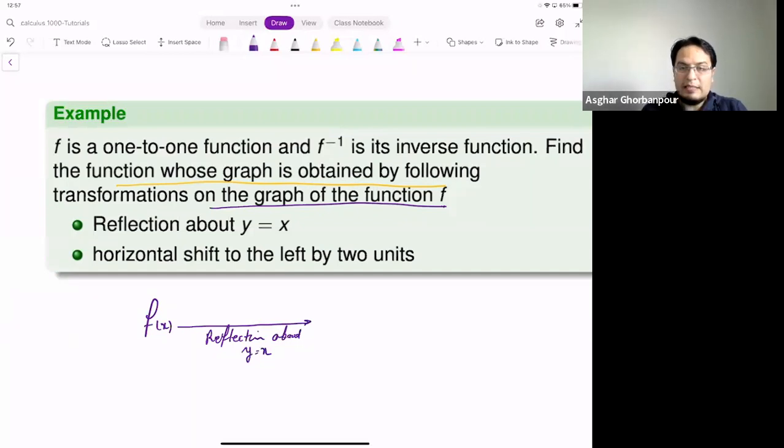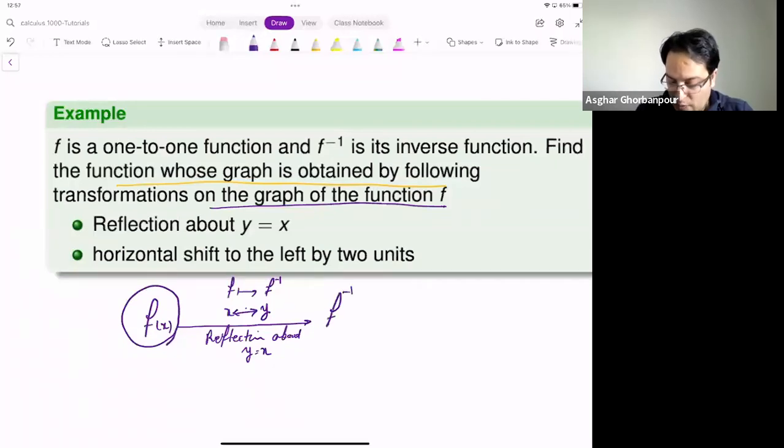We know that happens if we interchange x and y. In other words, we turn f to f inverse. Whatever the function is here, you find its inverse. In this case, we already know this is f inverse of x.